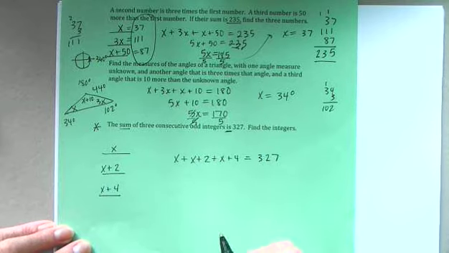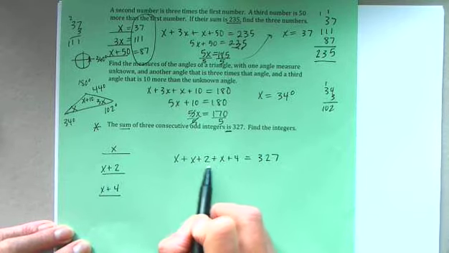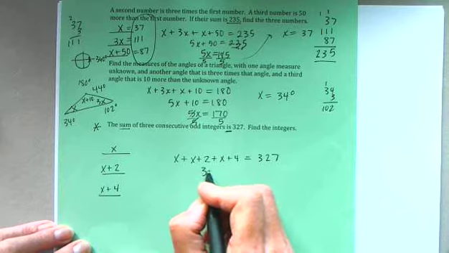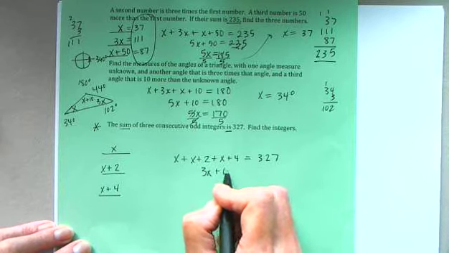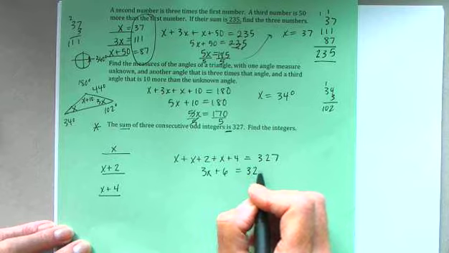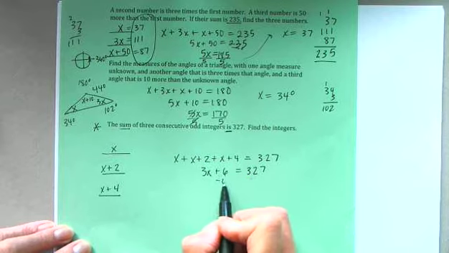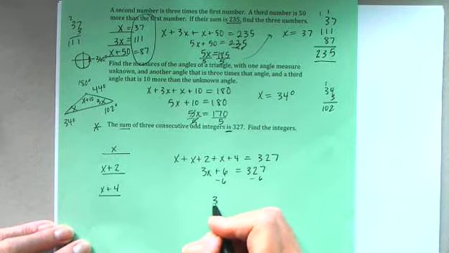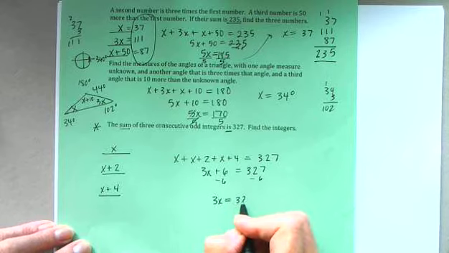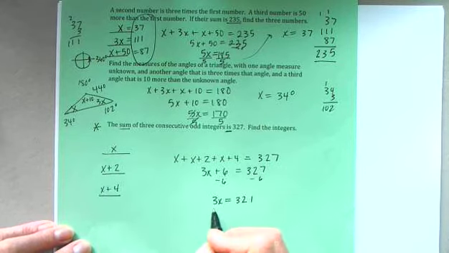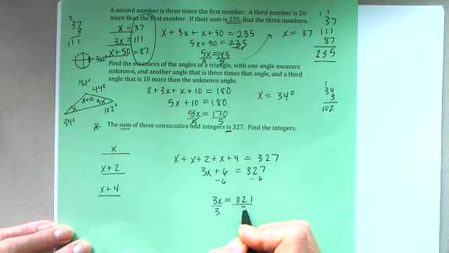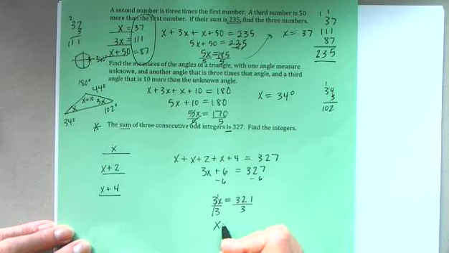327. So combining like terms, I have 3 x's, and 2 plus 4 is 6. And then I'm going to subtract 6 from both sides. So I have 321. And then I'm going to divide by 3. All of this just to get x alone. And again, once you do 2.1, you should be good at that.